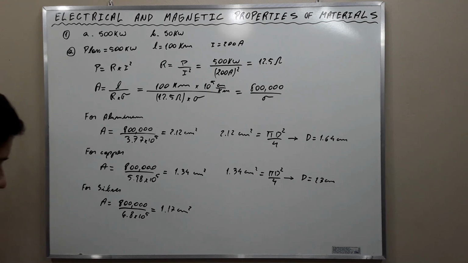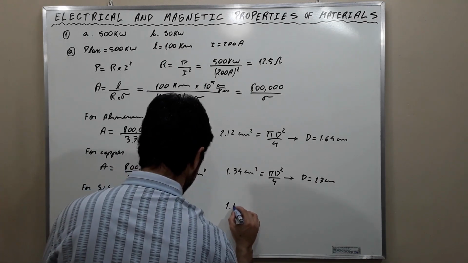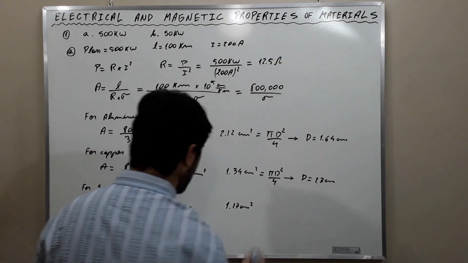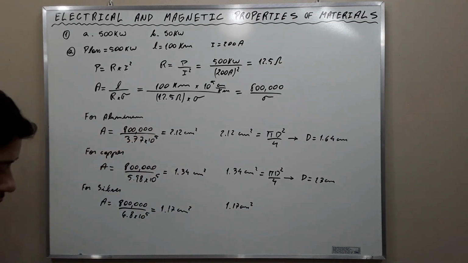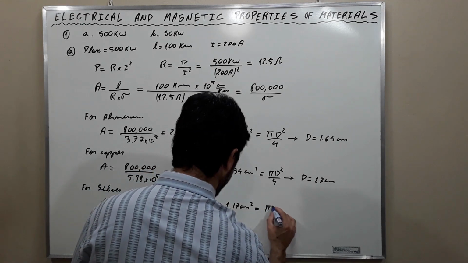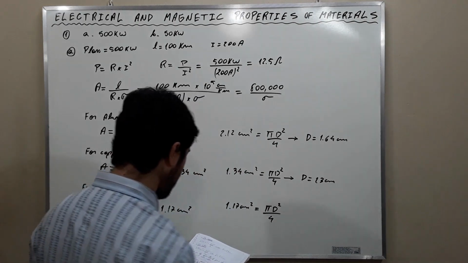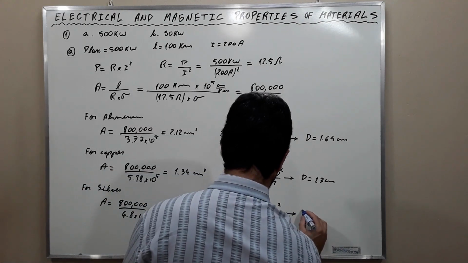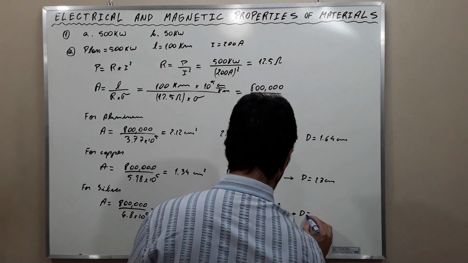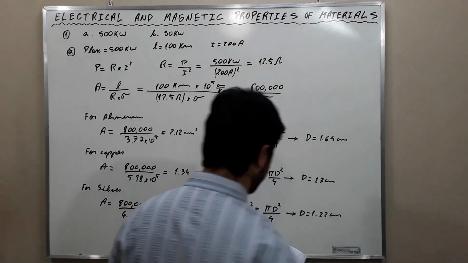And lastly, for silver, 1.17 square centimeters equals pi d squared divided by 4, which is a diameter of 1.22 centimeters.